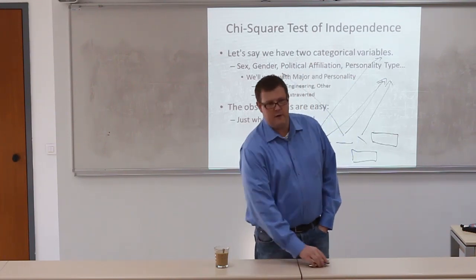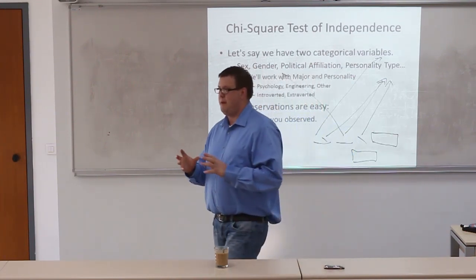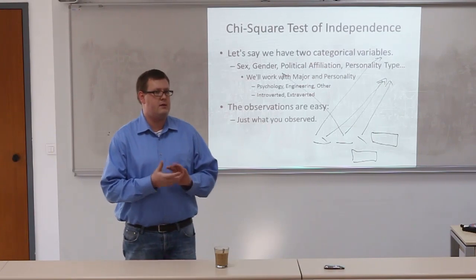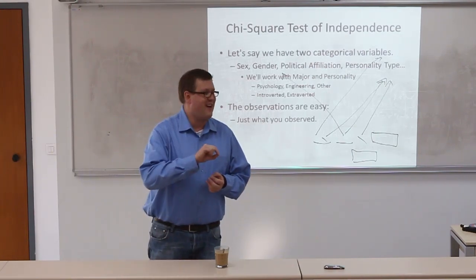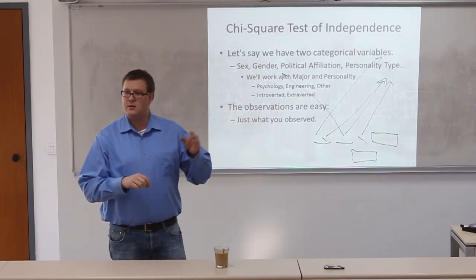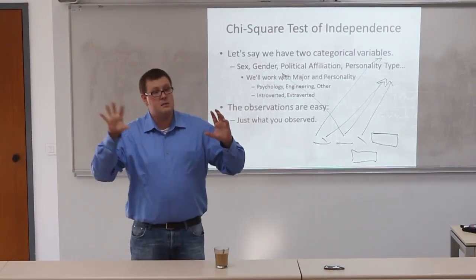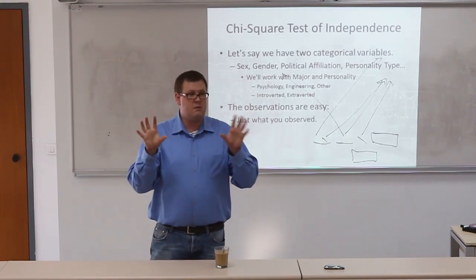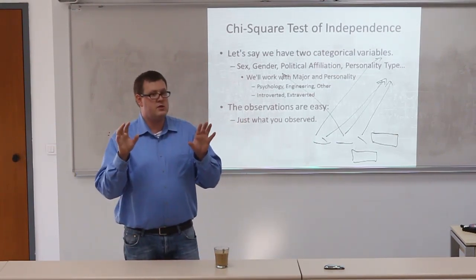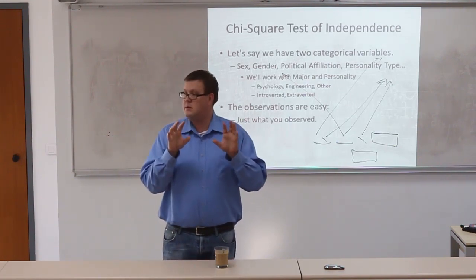We said that if two probabilities were independent, then we could multiply them together to find the, I'm going to get it wrong, the intersection, right? So the probability of A and B, the intersection of those two things. If A and B were independent, it was just the probability of A times the probability of B.